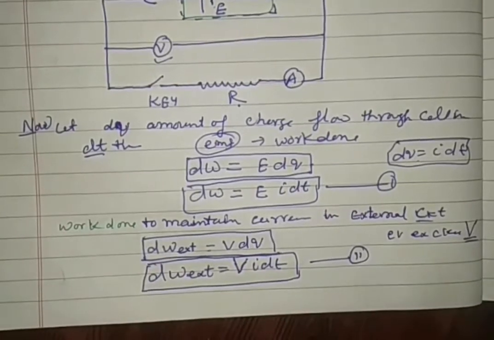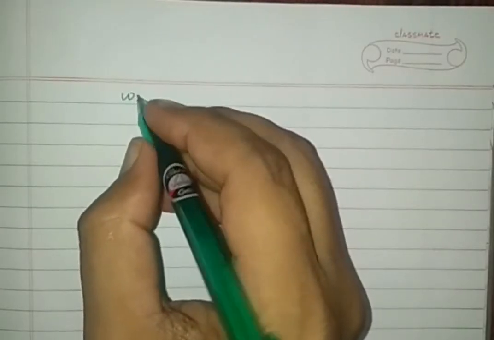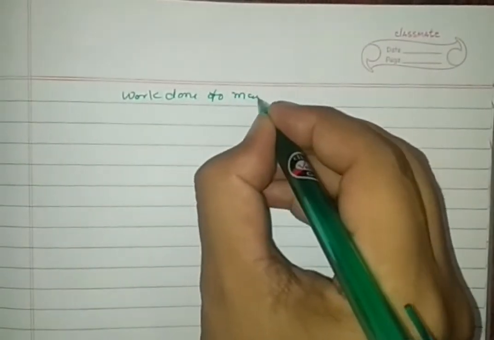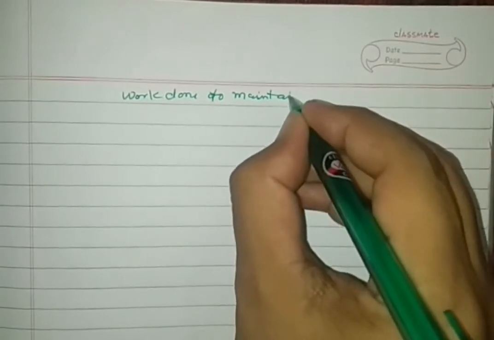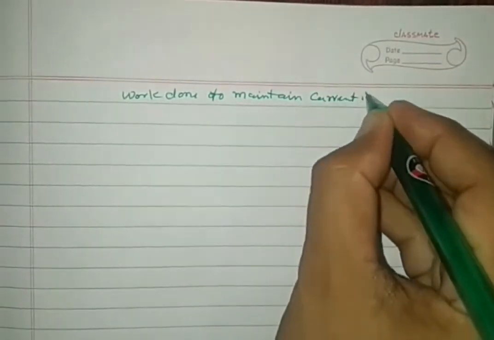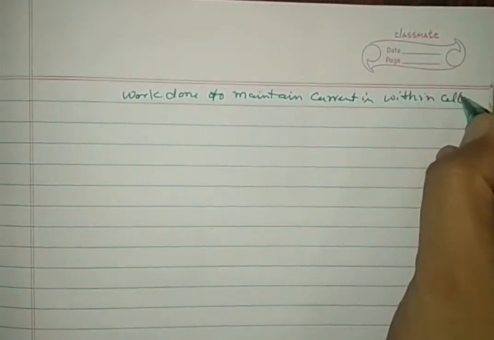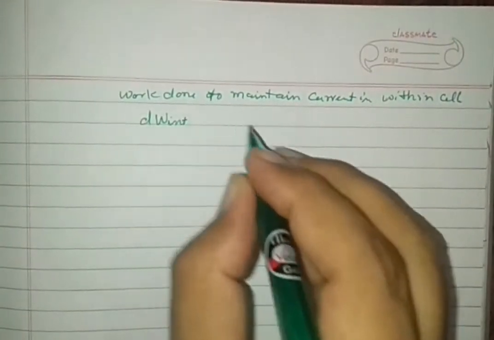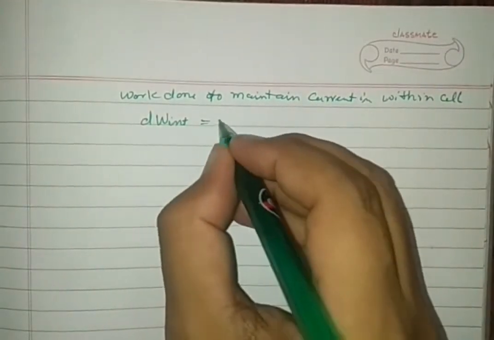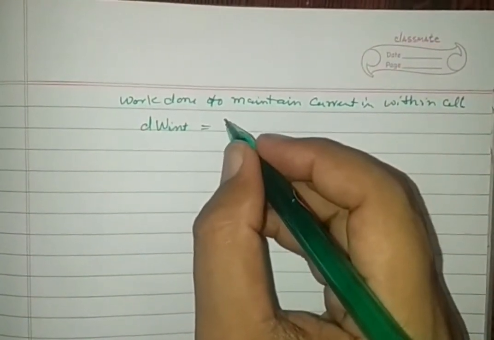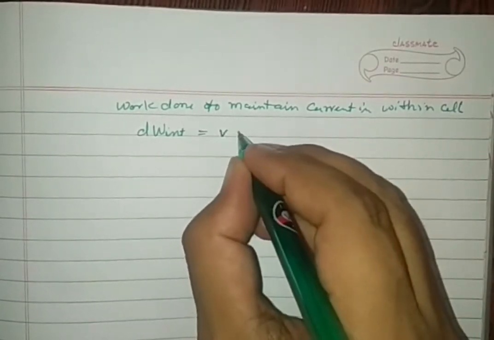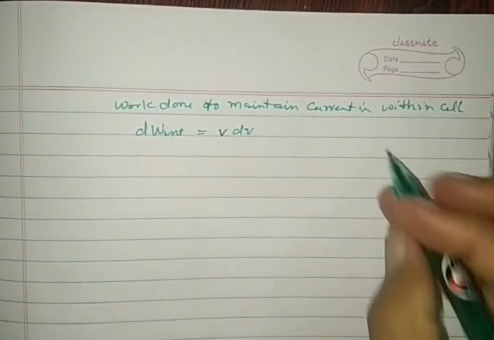Let's see the further mathematical equation on the second page. Work done to maintain current within the cell, right? Let it be dW internal, which is equal to, by definition, electric potential into charge. Let the electric potential within the cell be small v into dq.